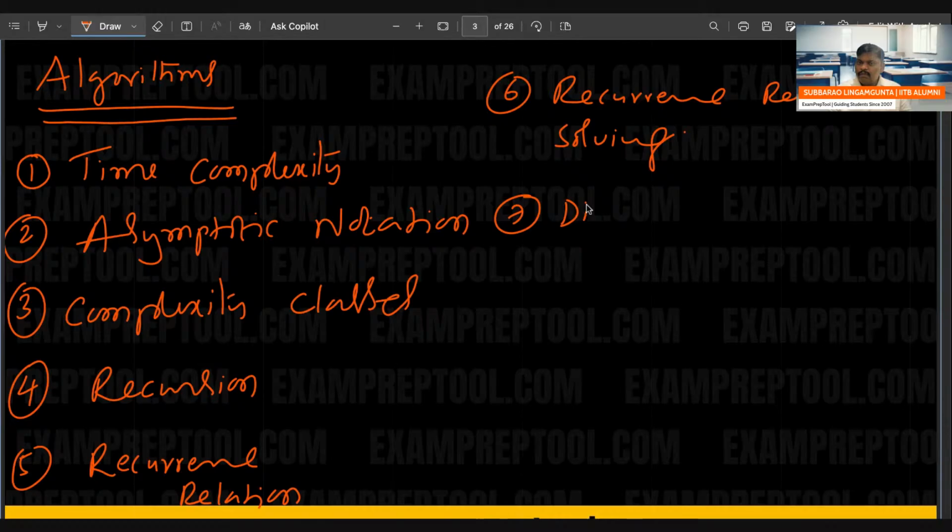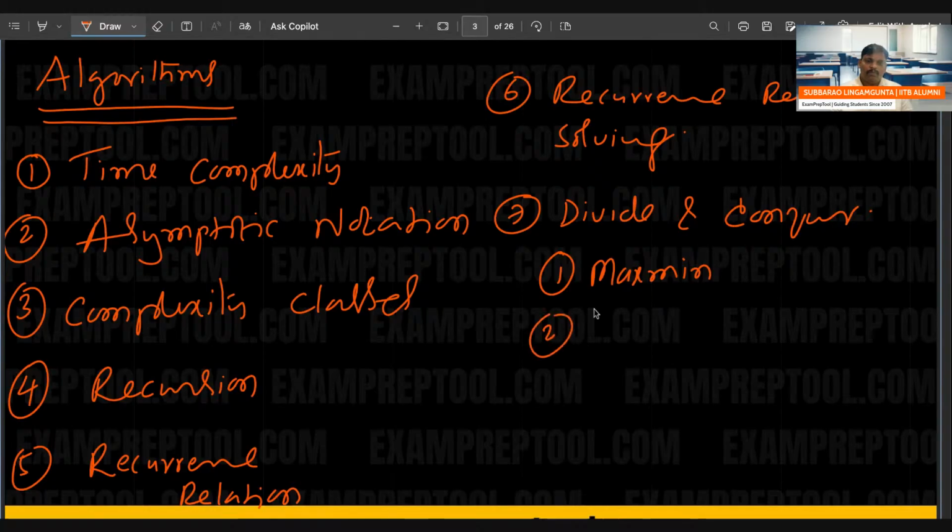Seventh one, divide and conquer. Inside that, first one is finding max min. Second one is power of an element.